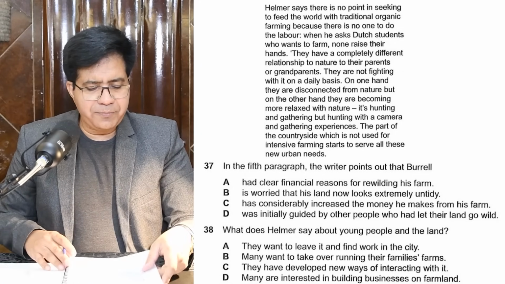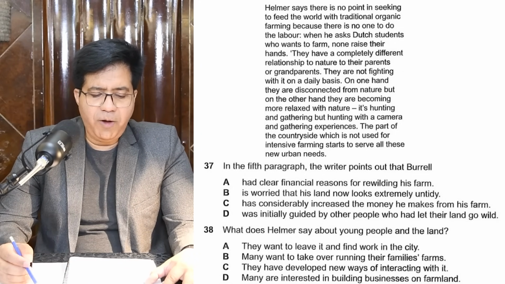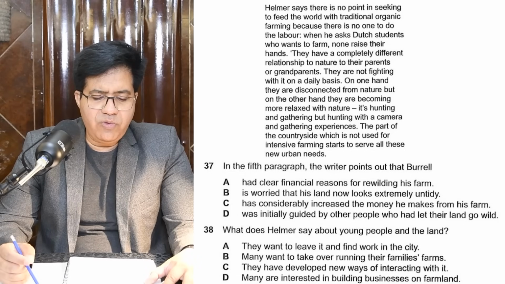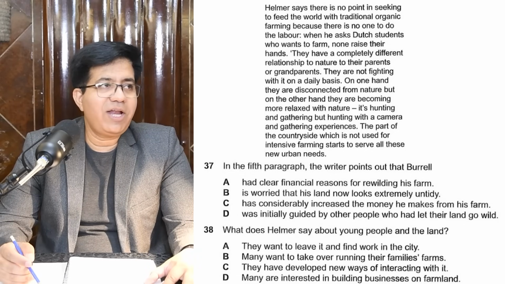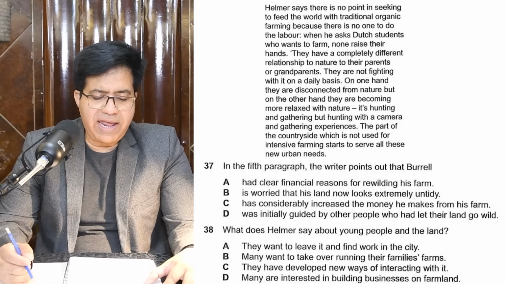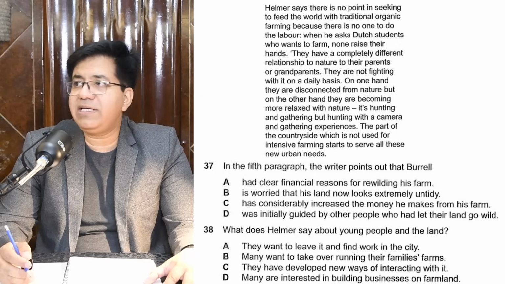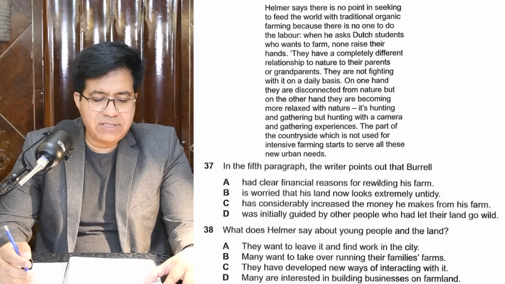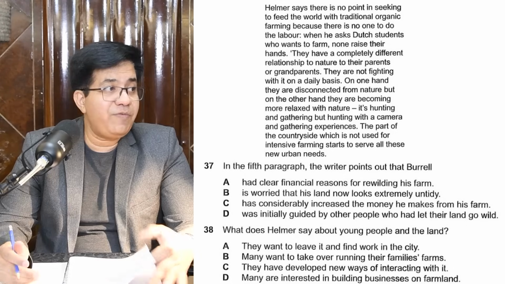Now, let's come back. What does Helmer say about young people and the land? Option A, they want to leave it and find work in the city. Not at all. Option B, many want to take over running their families' farms. No, because they did not raise hand. Option C, they have developed new ways of interacting with it. See that? New ways of interacting.